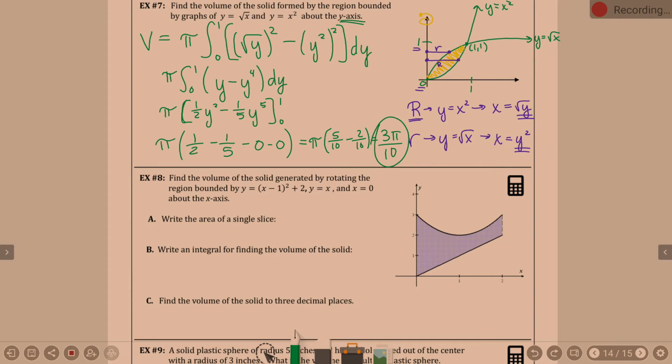Wait, that writing doesn't make sense. Should it say x equals 2? I think it should. Because we're just kind of assuming that. Or it should say x equals 0 and x equals 2. I really feel like technically they never told us that, but the picture's showing us that, isn't it? Okay, that you're stopping here. And it's rotating about the x-axis.